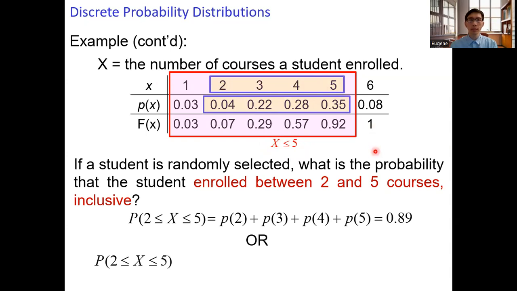But we only need the values when X equals 2, 3, 4, and 5 only. We don't need the value X equals 1 in our calculation. So we will take the event X less than or equal to 5, and subtract the probability for X less than or equal to 1.